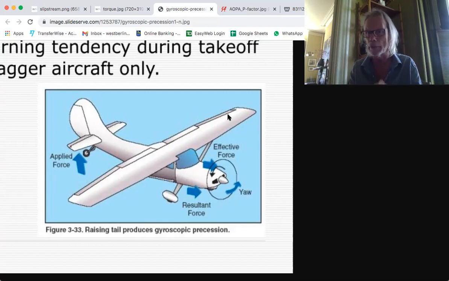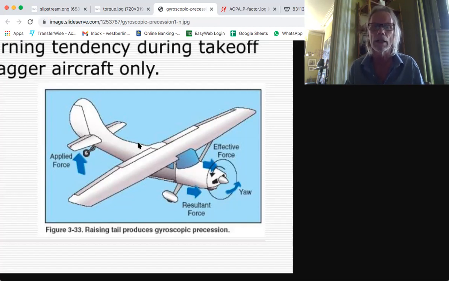So if you think of a propeller, it has that precession. It resists the force where it's applied and applies that force 90 degrees from that point in the direction of the spin. So here's your propeller. It's turning counterclockwise. If we apply an upward force, like say you want to raise the tail of a tail dragger before you take off, which is standard, holding the stick in the neutral slightly forward position. As the aircraft gains speed, lift is produced, the tail comes up.